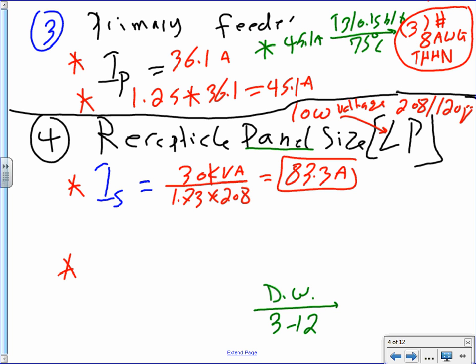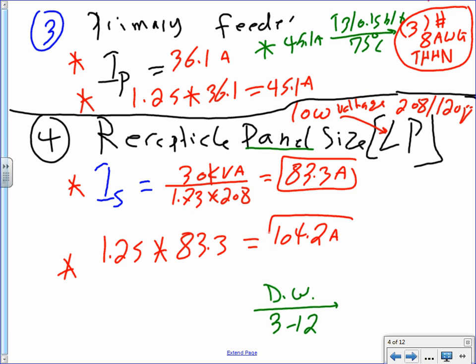So you take 1.25 multiplied by 83.3, and that gives you 104.2 amps. Up it 25%. How do you justify the 25%? Future expansion. It's not a continuous load, though. These are non-continuous loads. They're receptacles.